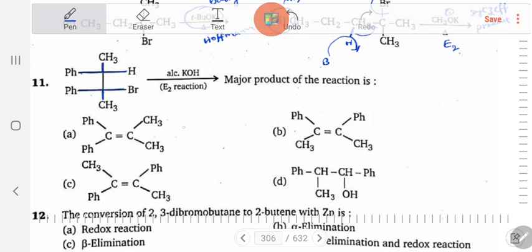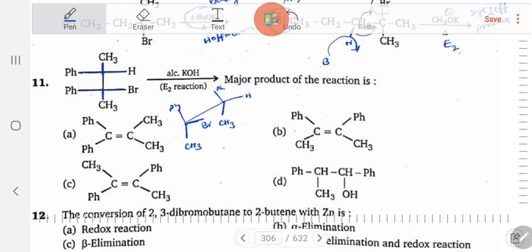So CH3 below the plane, and this CH3 also below the plane. Now this phenyl and bromine, these two must be above the plane. So bromine and this is phenyl. Over the next carbon, hydrogen and phenyl.